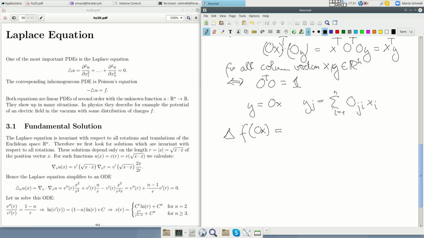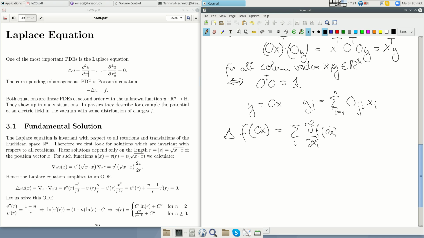So this is the sum over i of d square by dx_i square of f of Ox.